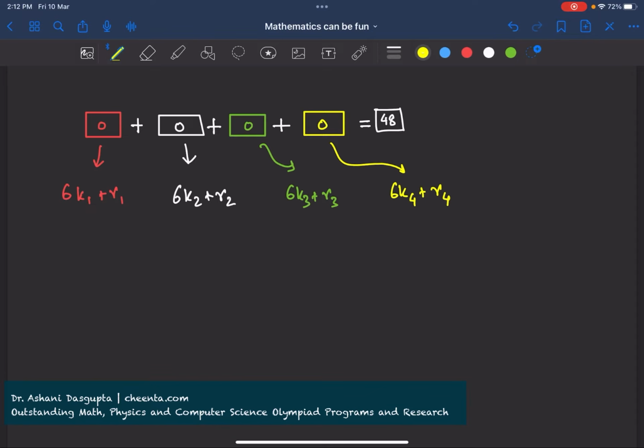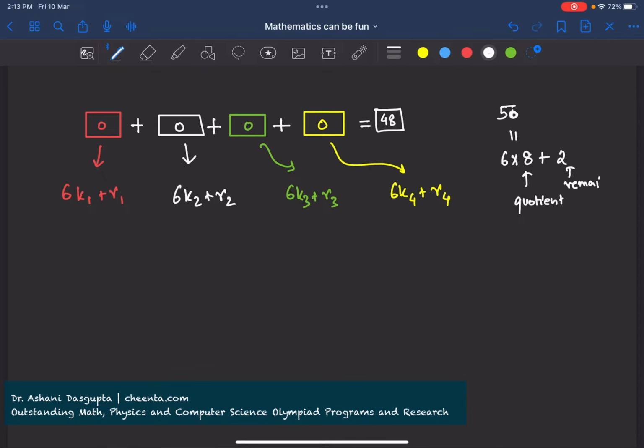If you give me any number, let's say 50, I can write it as a multiple of 6 plus some remainder. So this is 6 times 8 plus 2. This is the quotient. This is the remainder.